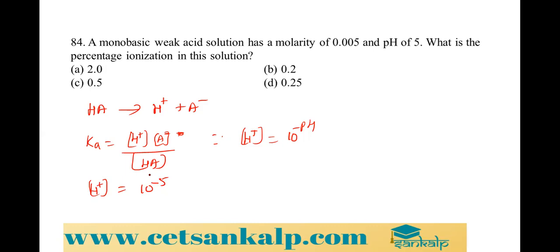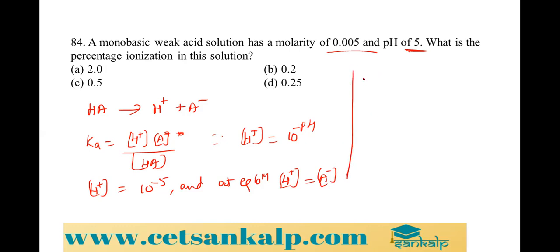10 to the power of minus 5, and at equilibrium, since pH 5 is given, I have put it like that. At equilibrium H plus ion concentration is equal to A minus ion concentration. Then let us look at the Ka value once more.